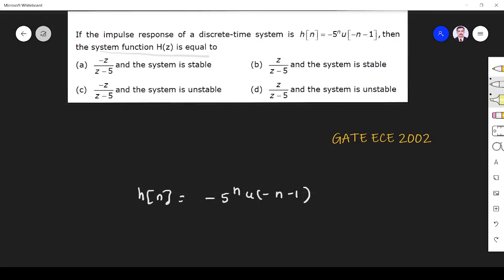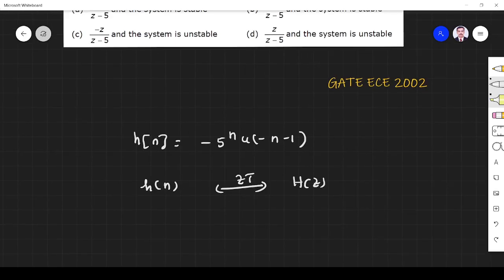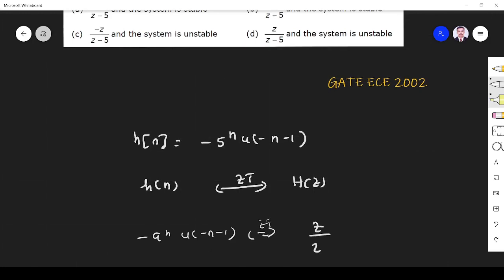Right, so from impulse response, if I want the system function H of z, what I need to do is take the z transform. So what is the z transform of this one? We know the z transform of minus a to the power n u of minus n minus 1 is z by z minus a with mod z less than mod a.